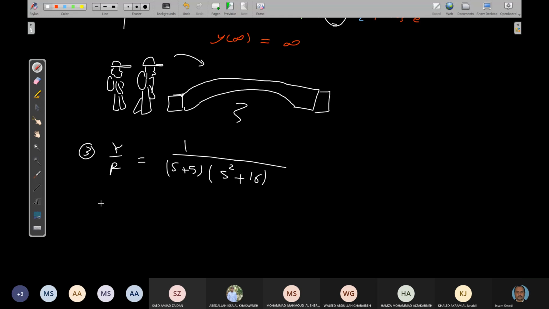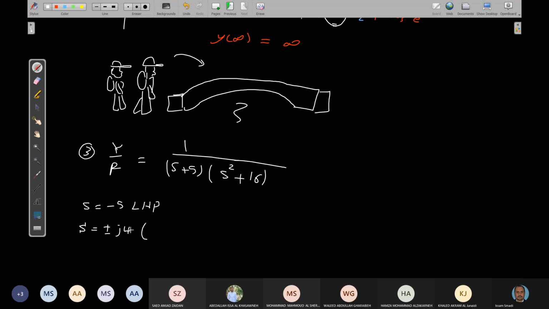Critical stable. Let's see. Now the roots: s equal to minus 5, which is in the left half plane, and s equal to plus or minus j4.